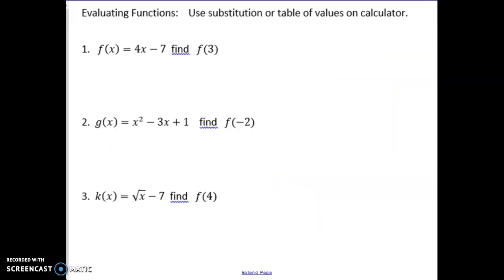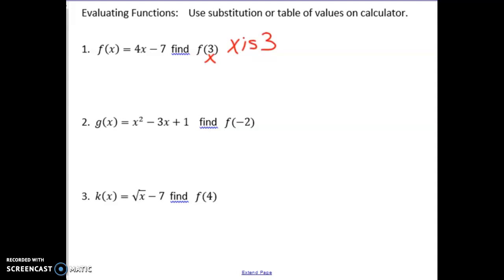So let's evaluate the following functions using substitution or a table of values on your calculator. When it's just one number, it's probably easy enough just to substitute. So what we do is we take a look at the function. This is f of x equaling 4x minus 7, and we want to find f parentheses 3. So all that means is that the x value is 3, okay?